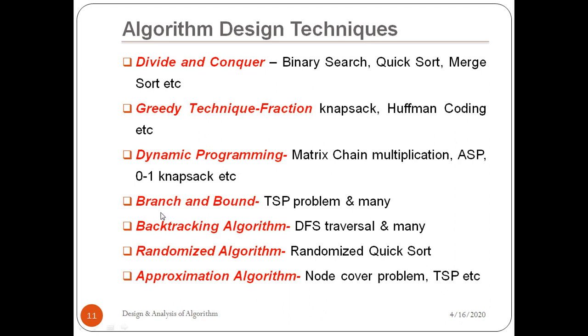This kind of method is quite tedious and takes time almost proportional to an exponential function, but there are some cases where we found the branch and bound method very useful. These are the problems which can be solved using branch and bound: the TSP problem, and many other problems are there.